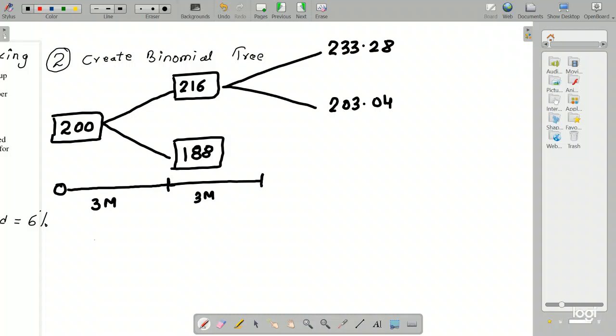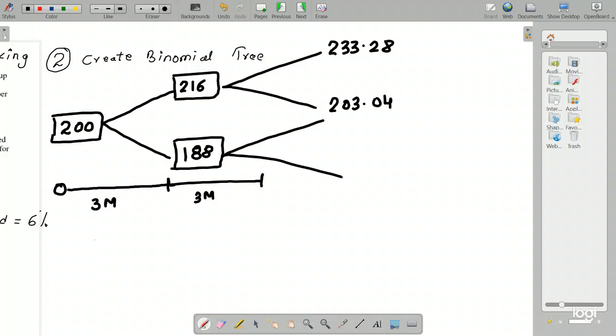So when it is the same, if you are going to do the upward trend for 188, you are going to get this figure only.